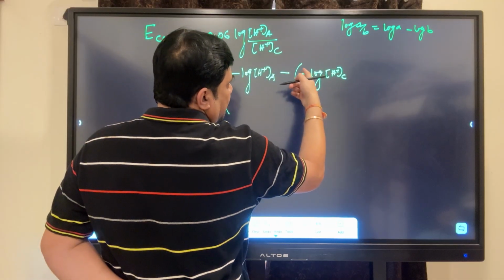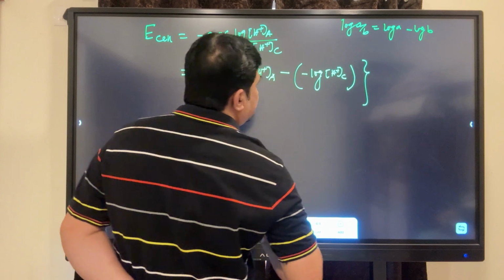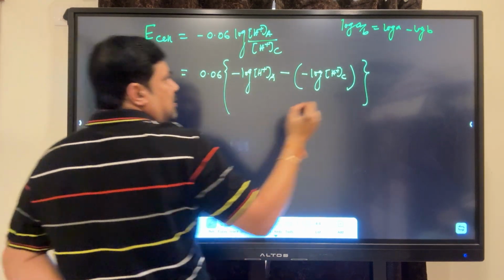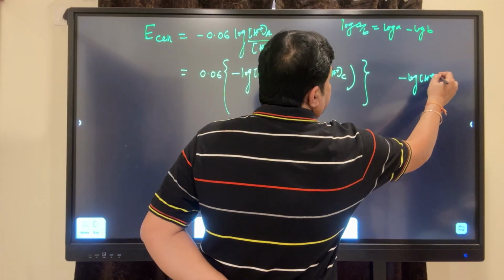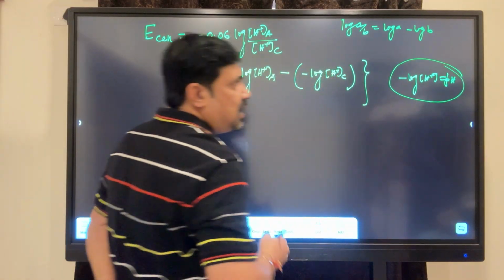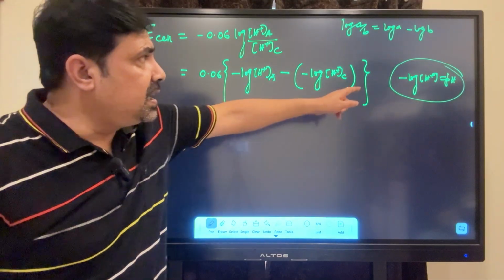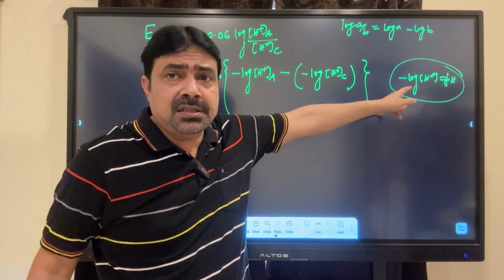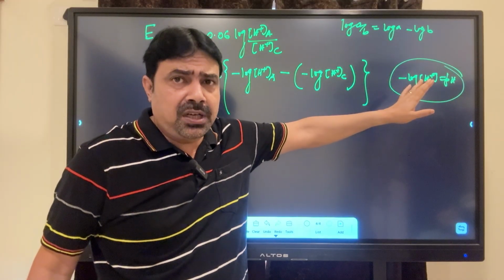That's why minus of minus log of H plus concentration, this substance we are getting over here. Now minus of log of H plus concentration equals what? pH. For the dilute solution, when the concentration is less than 1 molar, then minus log of H plus concentration is nothing but pH.